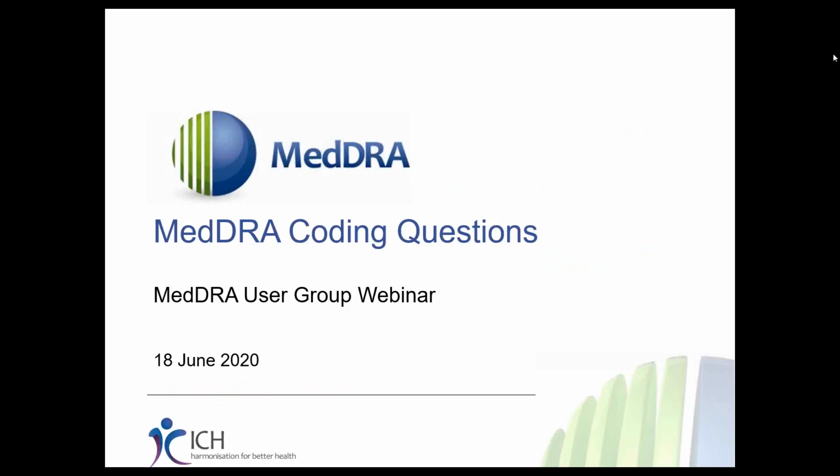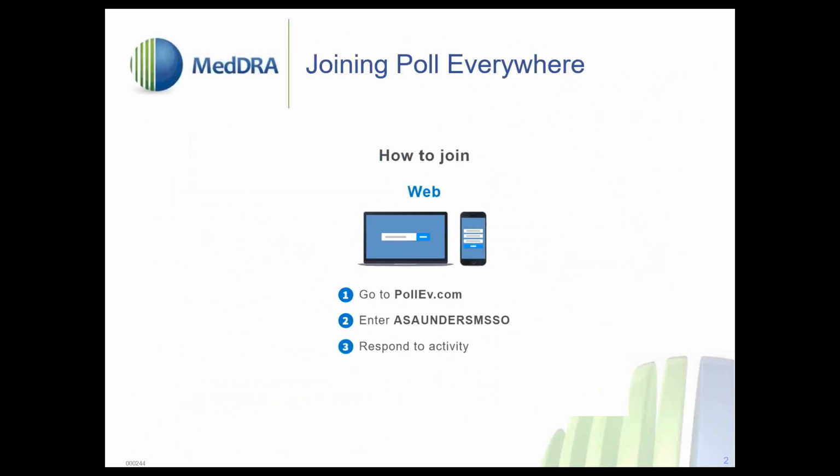We are going to use the new polling software that Samina mentioned in her introductory slides, and that software package is called Poll Everywhere. So the way that you can access the polling software is actually to go to the website www.pollev.com, and you will be prompted for the name of the session, and that session is A. Saunders MSSO.